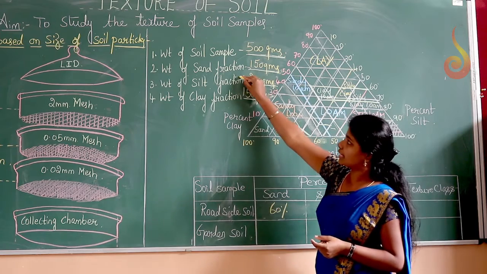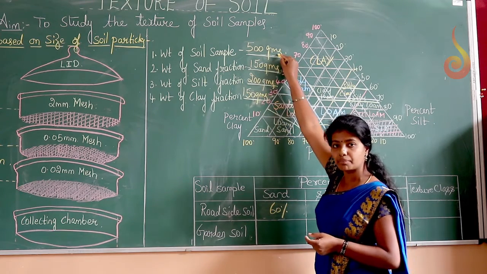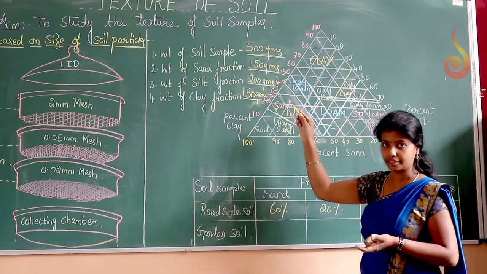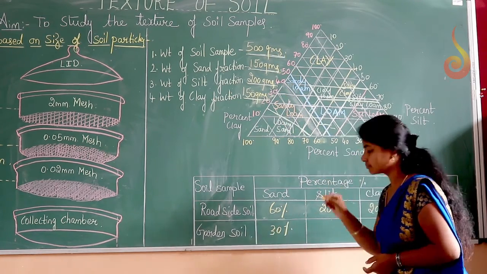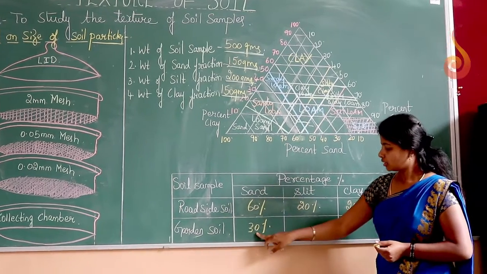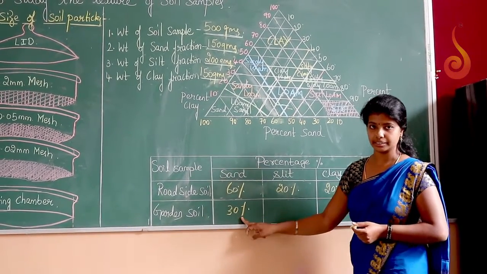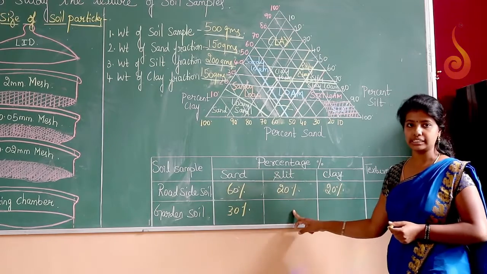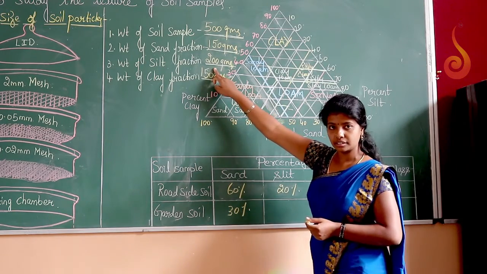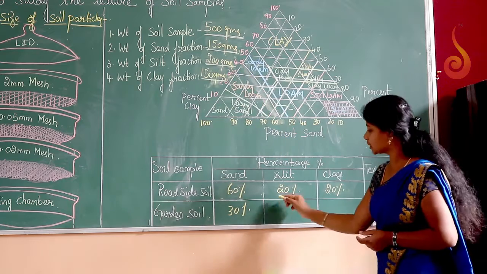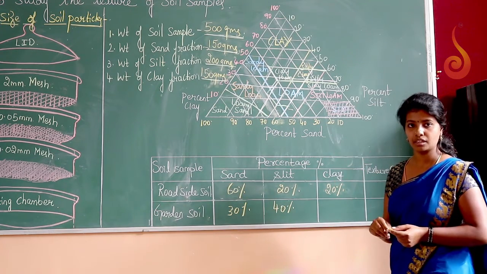Now we calculate the percentage of sand, that is 150 divided by 500 into 100, which is equal to 30%. So the sand percentage in the given soil is 30. Then silt: it is 200 grams here, and once we calculate the percentage, it will be 40% of silt.